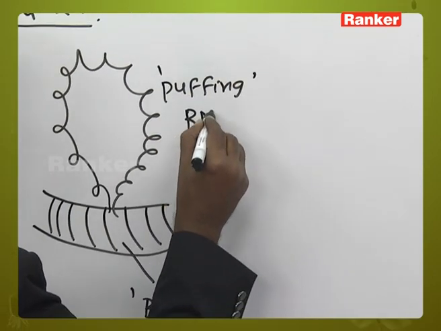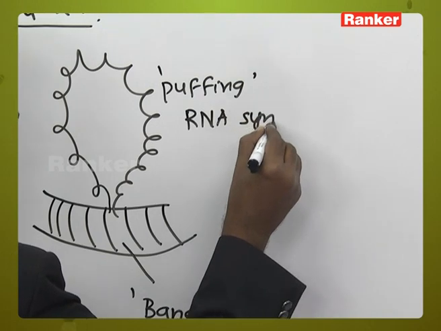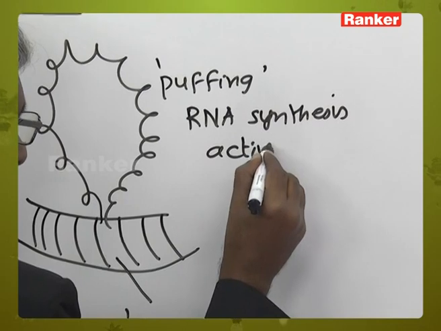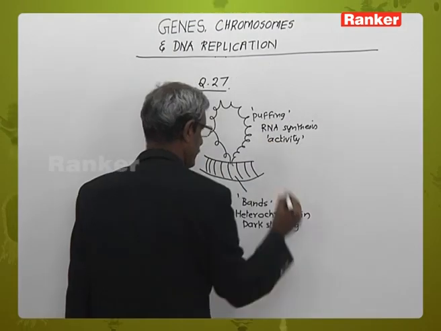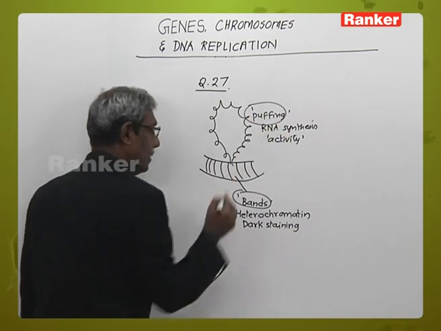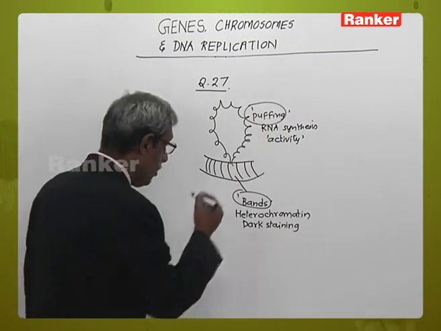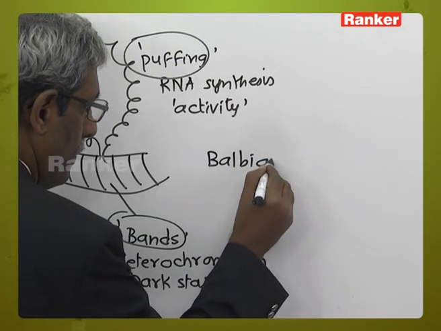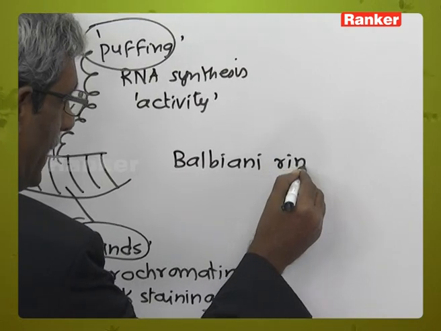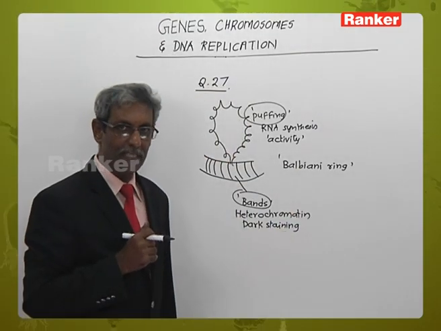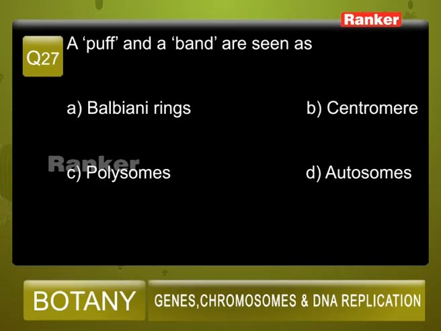Puffing indicates RNA synthesis and it indicates activity. So, bands and puffing constitute together the Balbiani ring, which has been studied by the scientist whose name is Balbiani in salivary gland chromosomes. Hence, the answer is A.